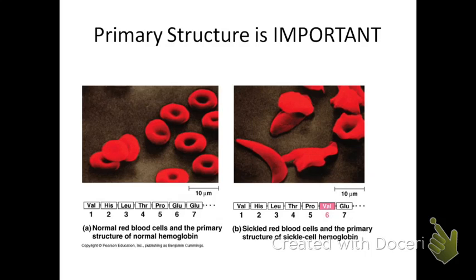The easiest way to remember sickle cell is knowing that it's the sixth amino acid that gets changed. If you think about the mark of the beast being 666, that's a bad number, right? Well, the bad number in your primary sequence ends up equaling a really, really bad disease.